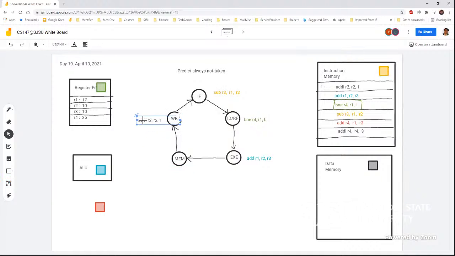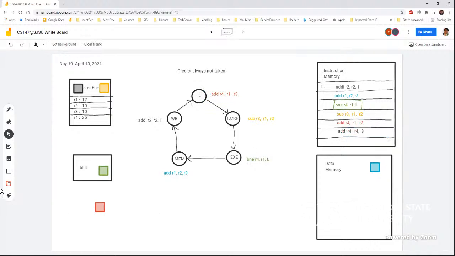This one moved to write back, this one moved to mem, this one goes to exe, this one goes to fetch, and this one is fetched.